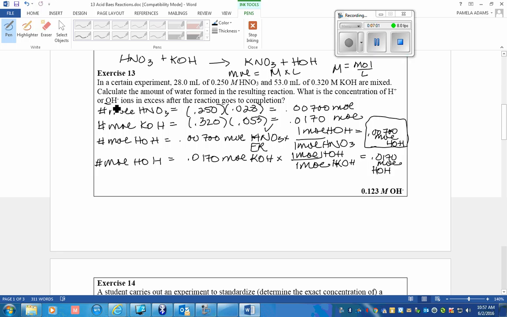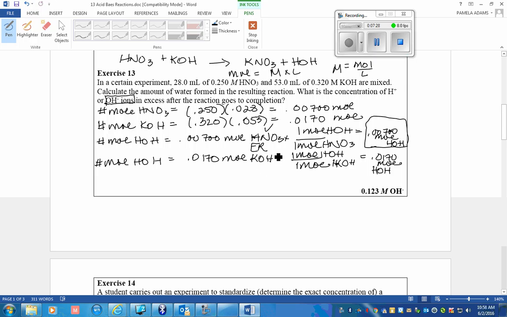The second part of this asks how much excess reactant is left over in the beaker after this goes to completion. Well, we know that when 0.00700 moles of water was formed, some of the OH from the KOH was used up.